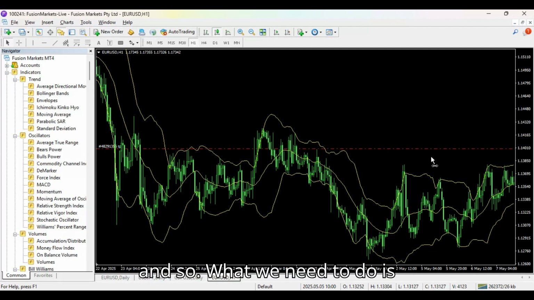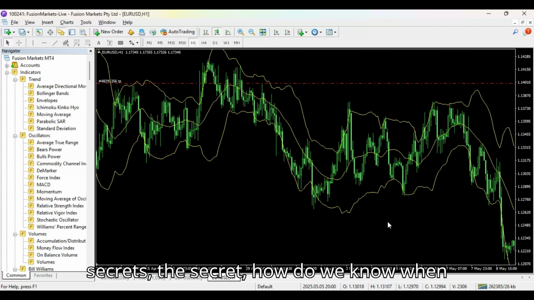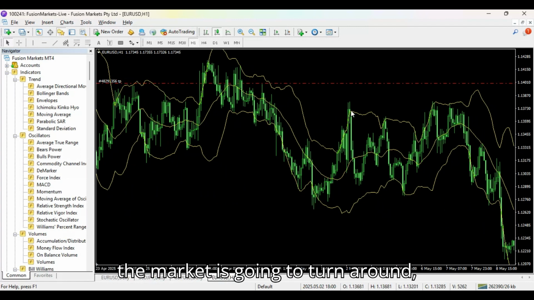And so what we need to do is study together, how do we know, right? And this is the secret. How do we know when the market is going to turn around, right? And this is where we're going to be applying, identifying key candle patterns. We're going to be trying to build in some divergence, and I've been able to identify divergence in the price action, right?